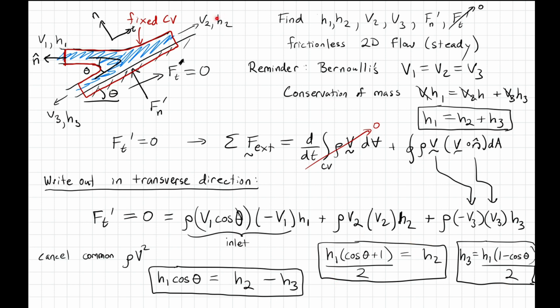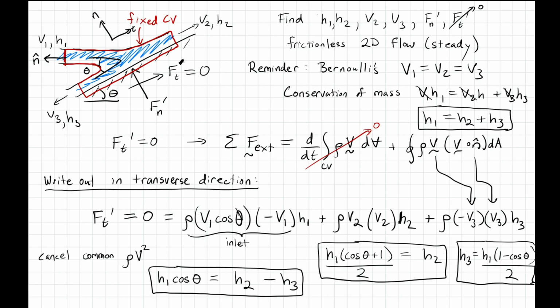thicknesses of the layers that split, as well as using Bernoulli's to figure out the velocities. A key insight here that makes this possible to solve is that we're going to approximate the flow as frictionless. If we did not do that, things would be a little bit more complicated, because we'd have to consider carefully what these velocity profiles look like at the exit and relate them to shear stress.